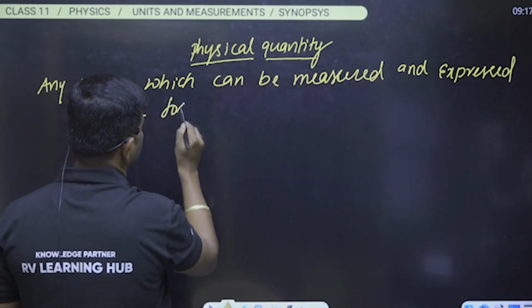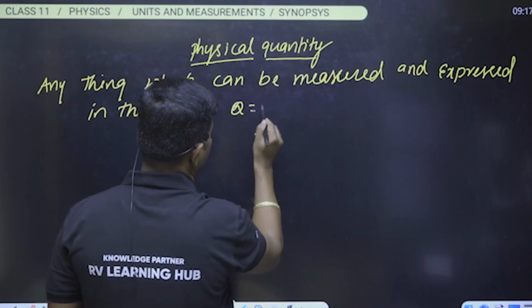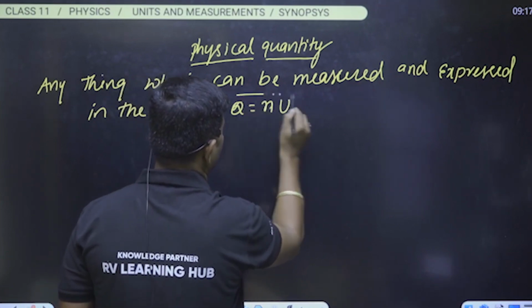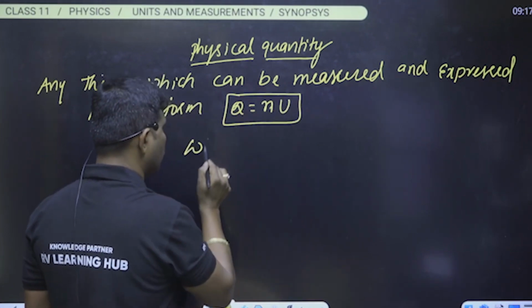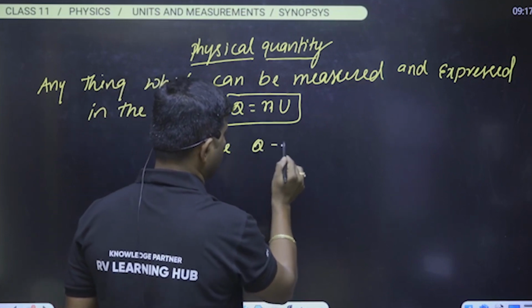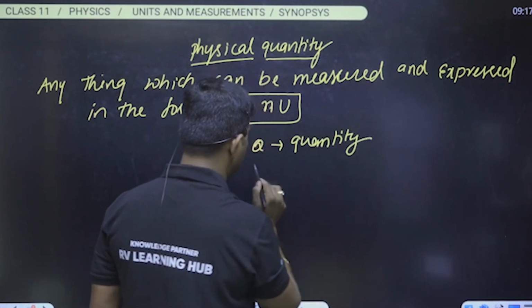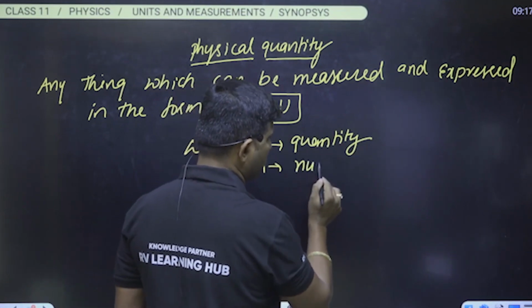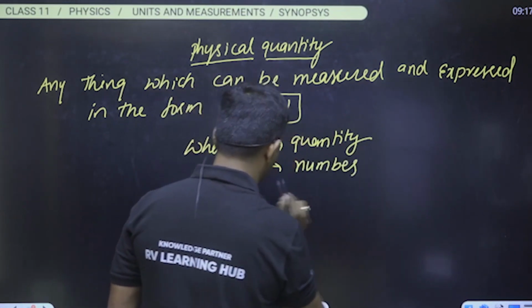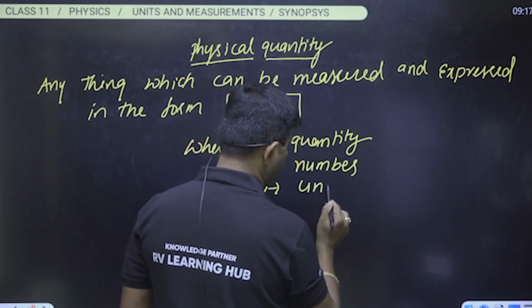In the form of Q equals N into U. So what is this Q called? Q is called a quantity, N is a number, and U is called a unit.